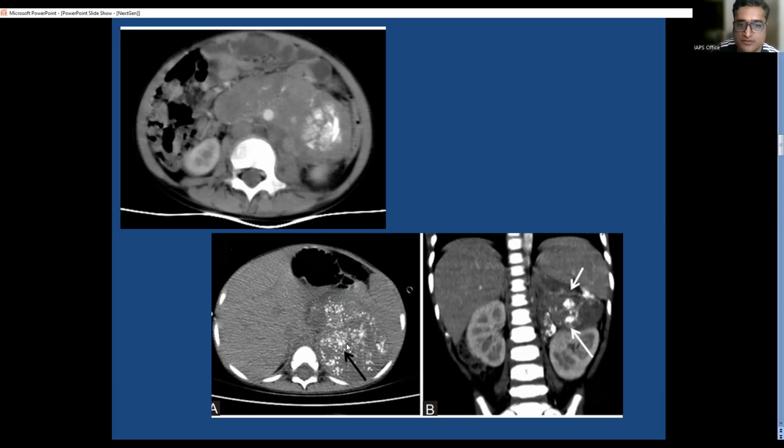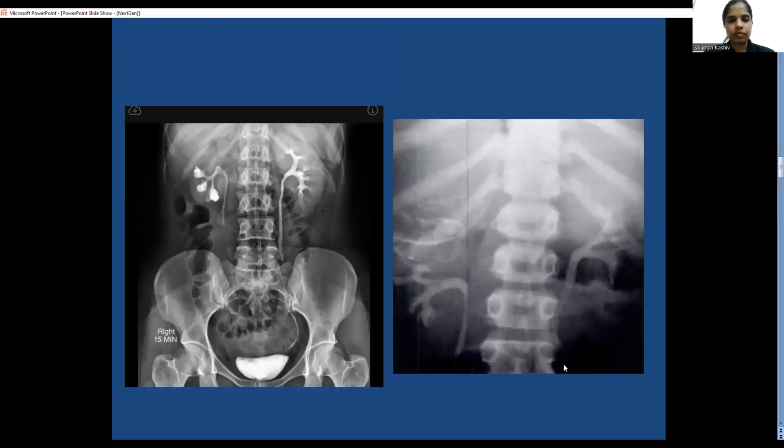Yes, sir. Speckled pattern of calcification you see in this mass. Here you see coarse calcification. So this is a suprarenal mass, again having a calcification. Just to highlight a point that various types of calcifications are possible in neuroblastoma.